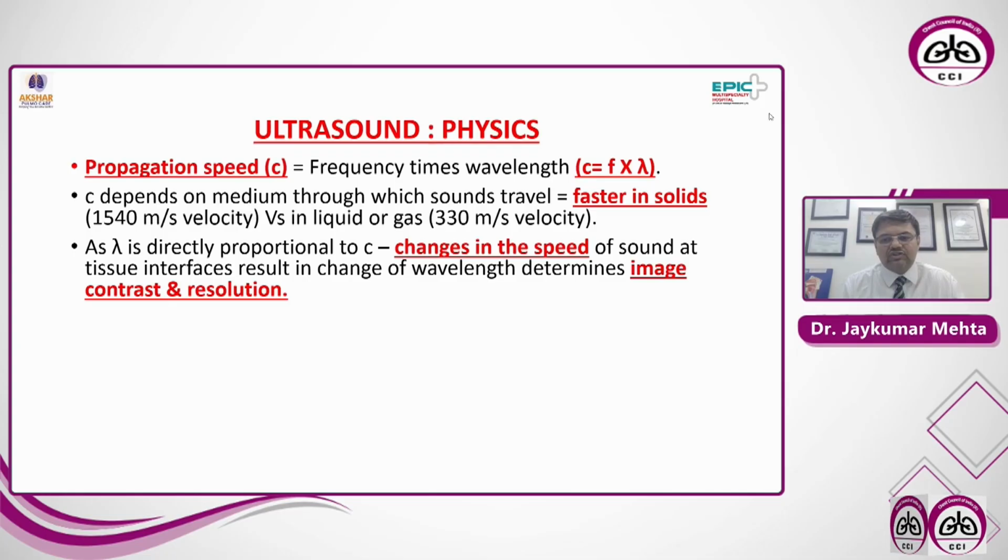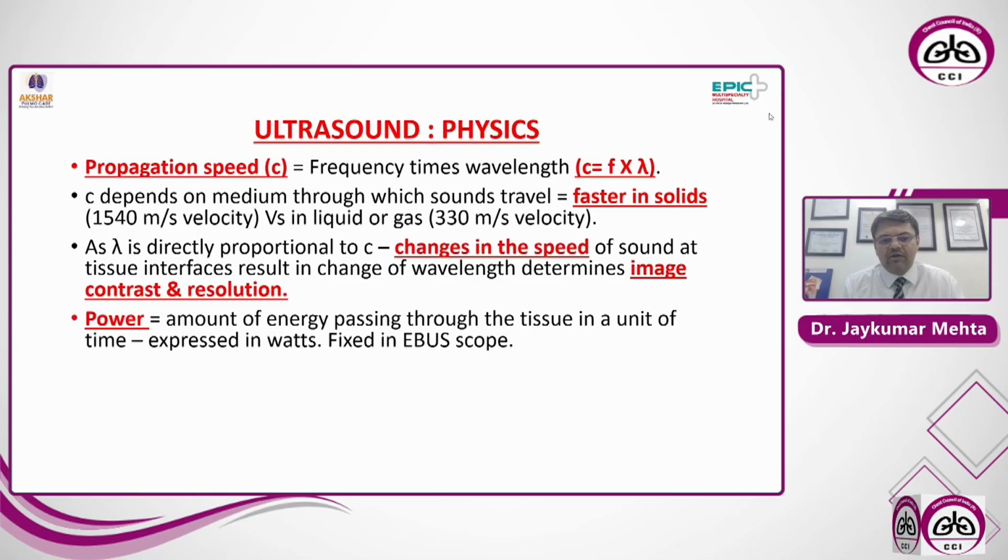It changes its speed of sound at tissue interfaces, which results in a change of wavelength and determines image contrast and resolution, which we see on the images on the monitor. Power is the amount of energy passing through the tissue in a unit of time, expressed in watts, which is fixed in an EBUS scope.